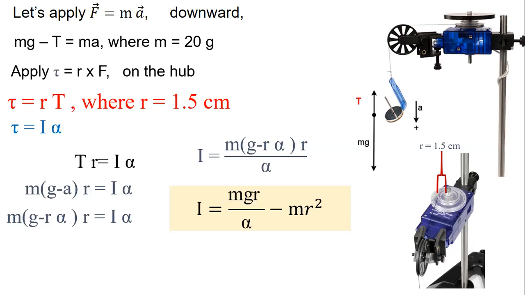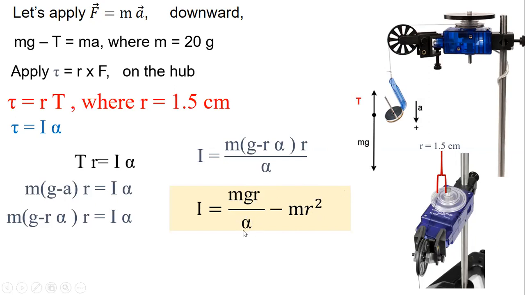That's the gravitational acceleration. And r is 1.5 centimeters. Again, m is the hanging mass. Remember, it is not the mass of the hoop or the rod or anything. It is just m, the hanging mass, which is 20 grams. And r, again, 1.5 centimeters.